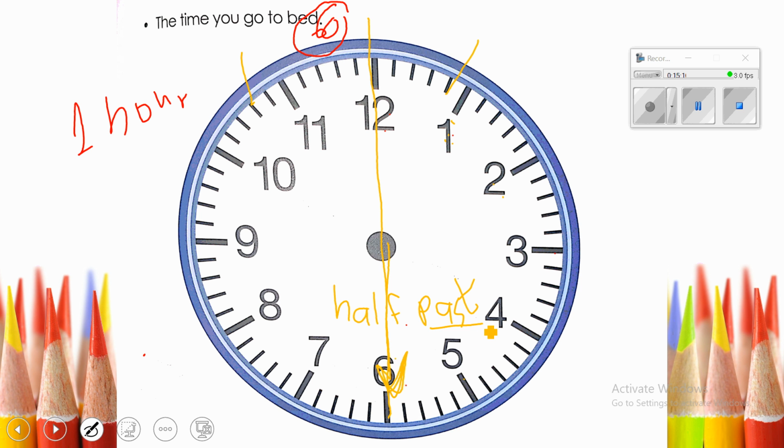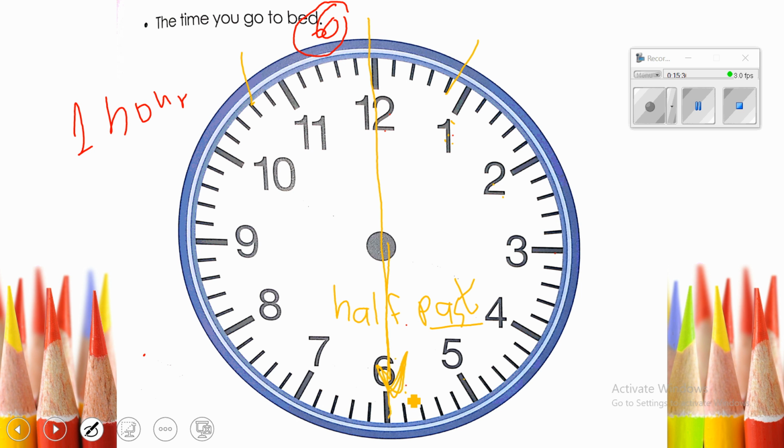Past means and. Past means after. Okay? So half past. So number 6 is what? Half past. Only for the minute hand. I'm not talking about the hour hand. Only the minute hand. Half past.